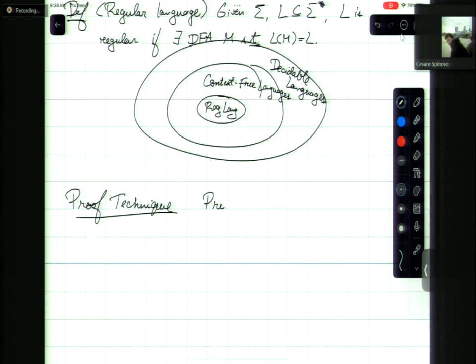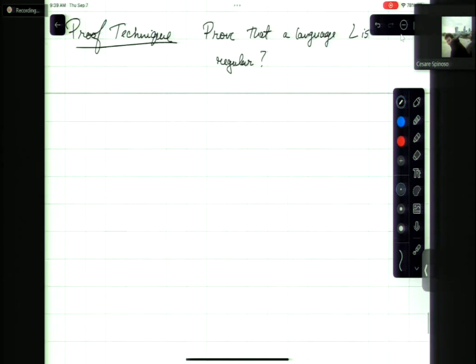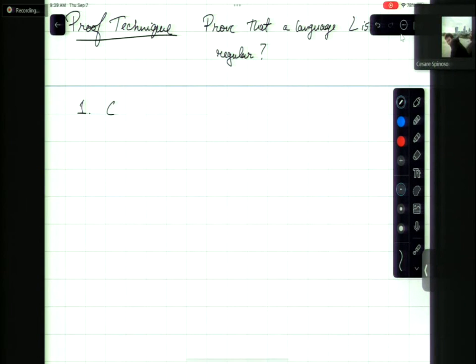How do we prove that a language L is regular? Well, the first thing we need to do is construct a DFA M such that the language accepted by M is equal to L. And the second thing you need to do for this proof to be correct is prove the correctness of your machine.